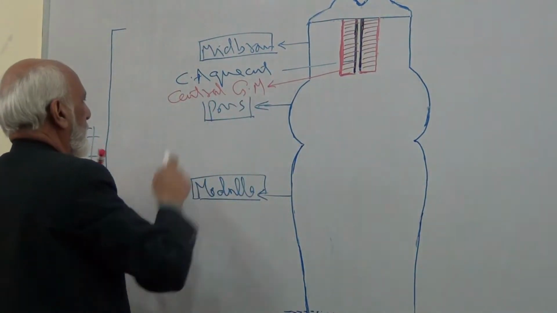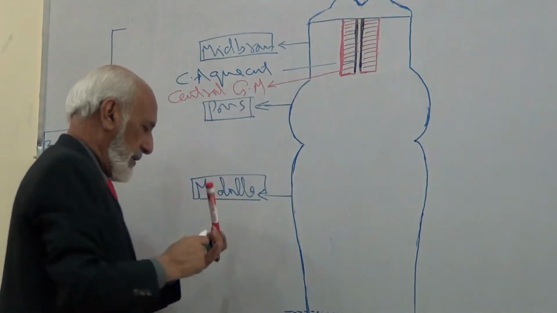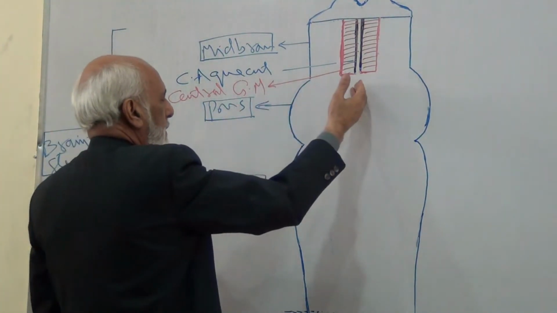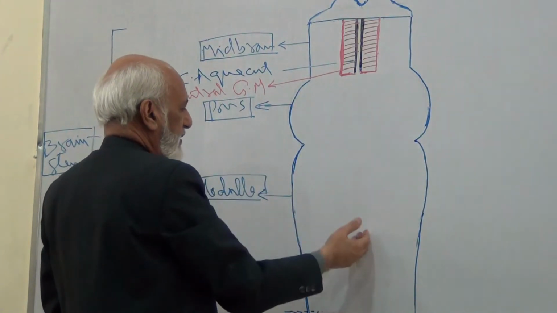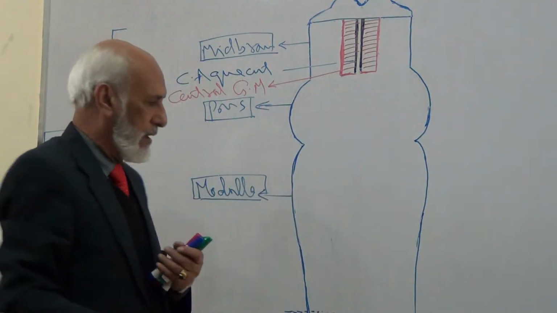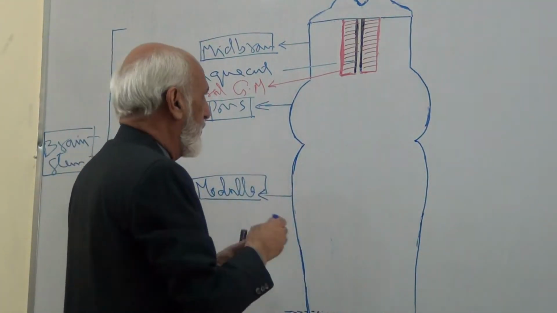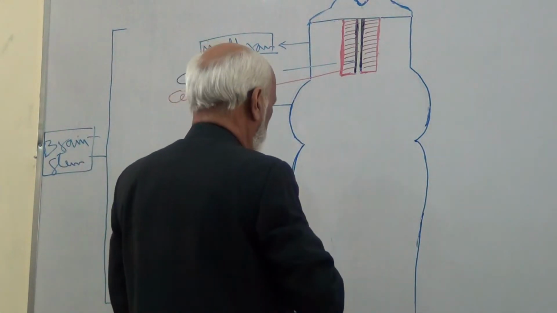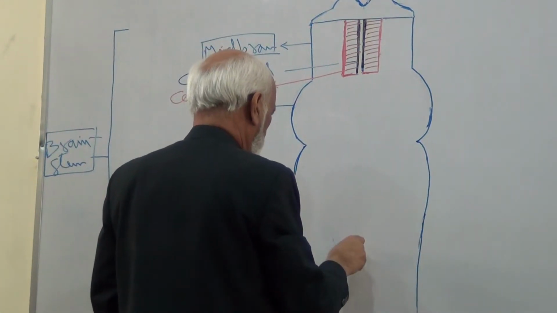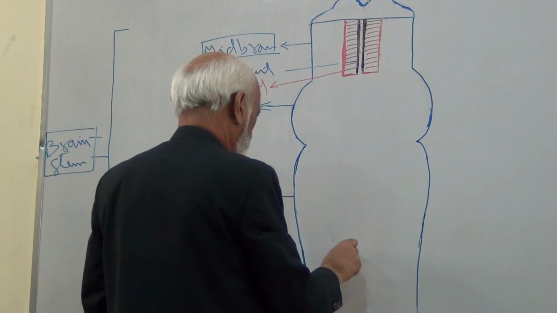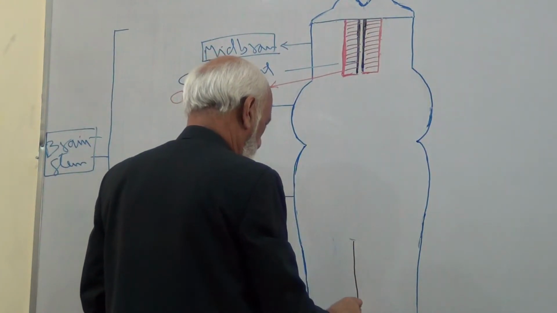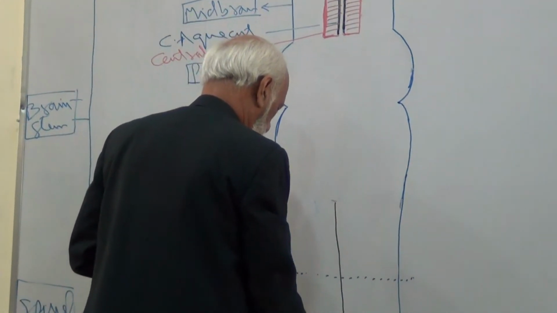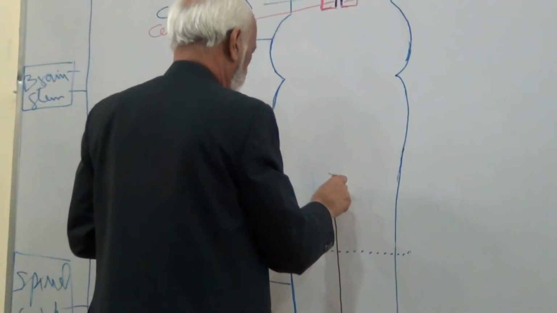Then in the pons and upper part of the medulla oblongata, there is no canal, but the lower part of the medulla oblongata again encloses central canal. So this is central canal of the medulla oblongata, which is continued as central canal of the spinal cord.